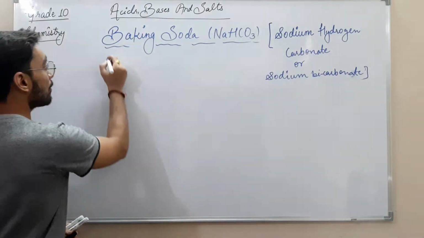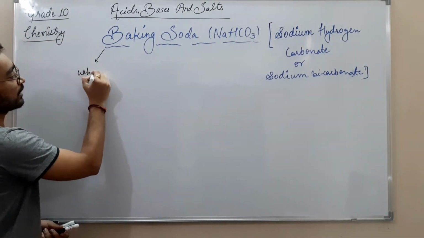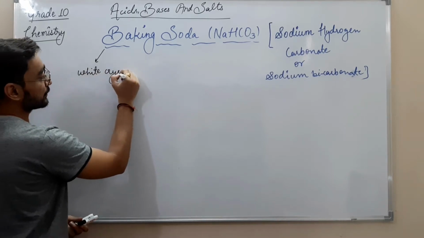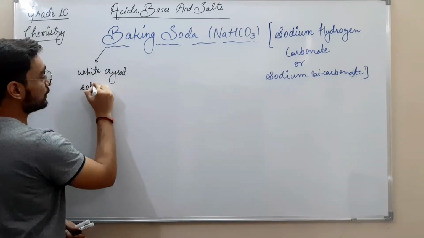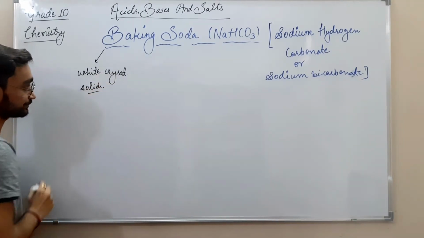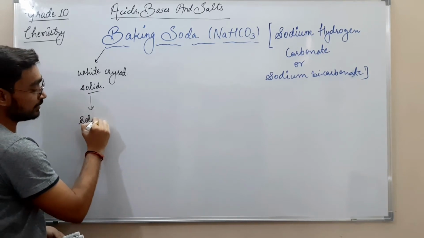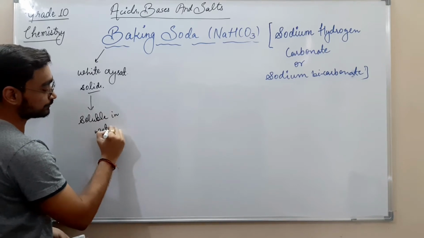If you talk about the physical appearance of baking soda, it is a white crystalline solid which is soluble in water.